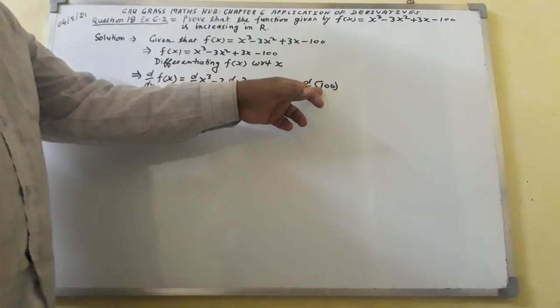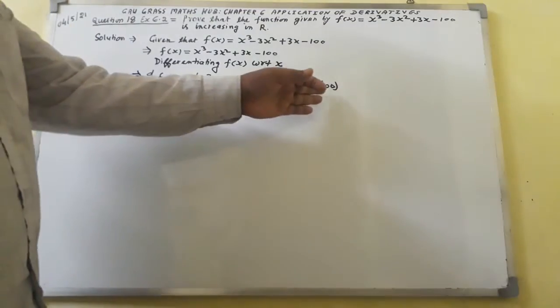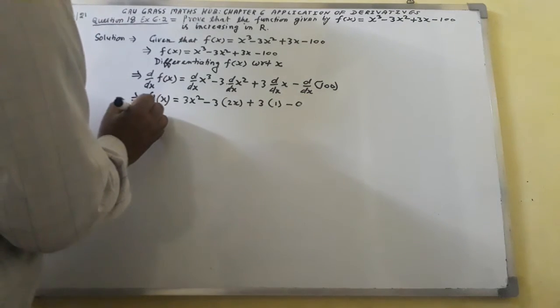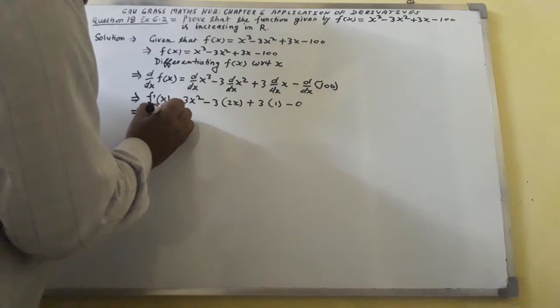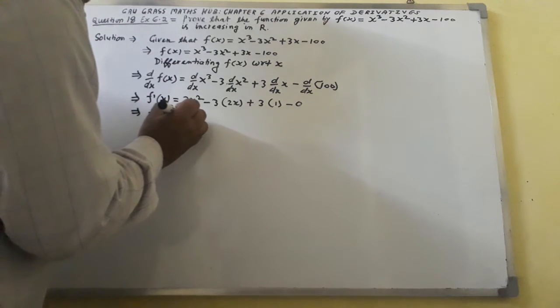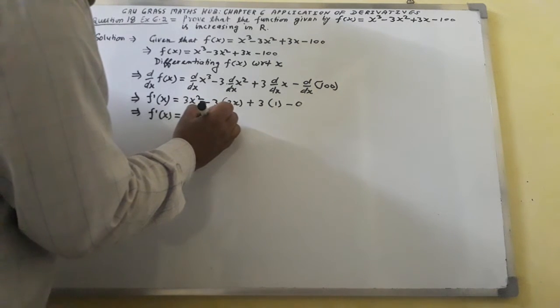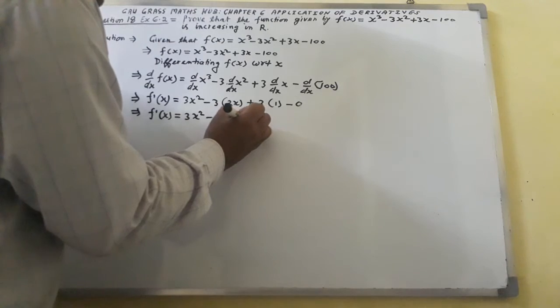Here 100 is constant. The first order derivative of a constant 100 will be 0. So here we have got f dash of x comes out to be 3x square minus 6x plus 3.